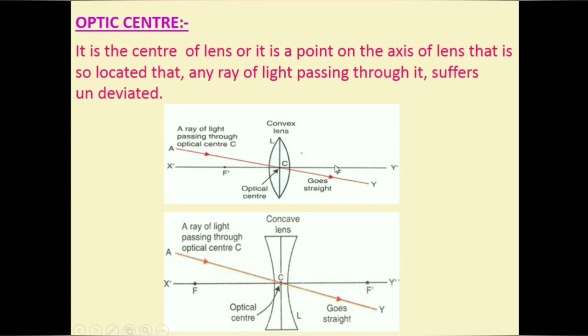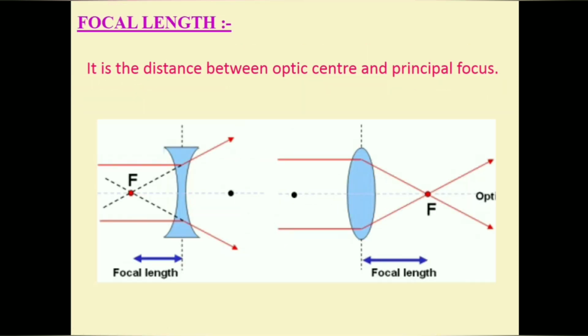So these are some basic terms related to lenses. And also very important is the Cartesian sign convention. The same rules we can apply in lenses also. But remember, instead of pole, we have to say optic center. Yes, what is the first rule of Cartesian sign convention? All the distances are measured from the pole, but here all the distances are measured from optic center along the principal axis.